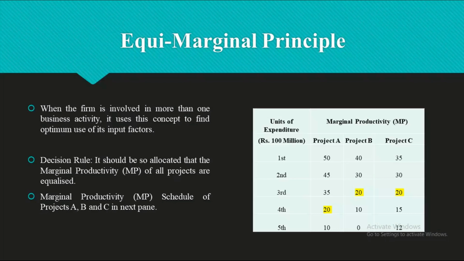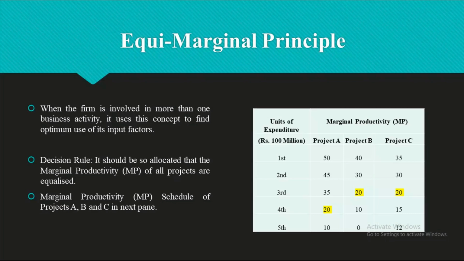So clearly we can see project A is giving higher marginal productivity, 50, project B is giving a bit less, and project C is giving the least marginal productivity at this stage. But we see from the table that at the second batch of investment, say another 20 million rupees, if you are going to invest in project A, then the marginal productivity that it was giving at the first stage, that was 50, now it is only 45.